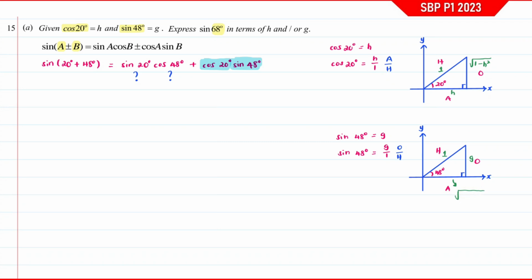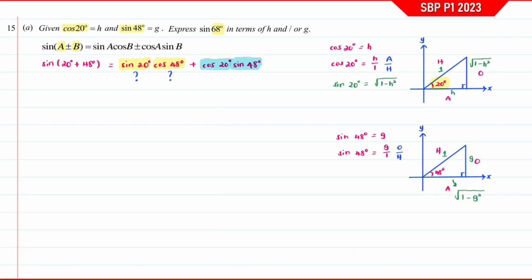It will be 1 squared minus g squared. So it will be square root of 1 minus g squared. So now for the part sin 20 degrees, we're going to refer to the diagram with the 20 degrees here. So sin 20 degrees will equal O over H. Then it will be square root of 1 minus h squared over 1, which is the same as square root of 1 minus h squared.